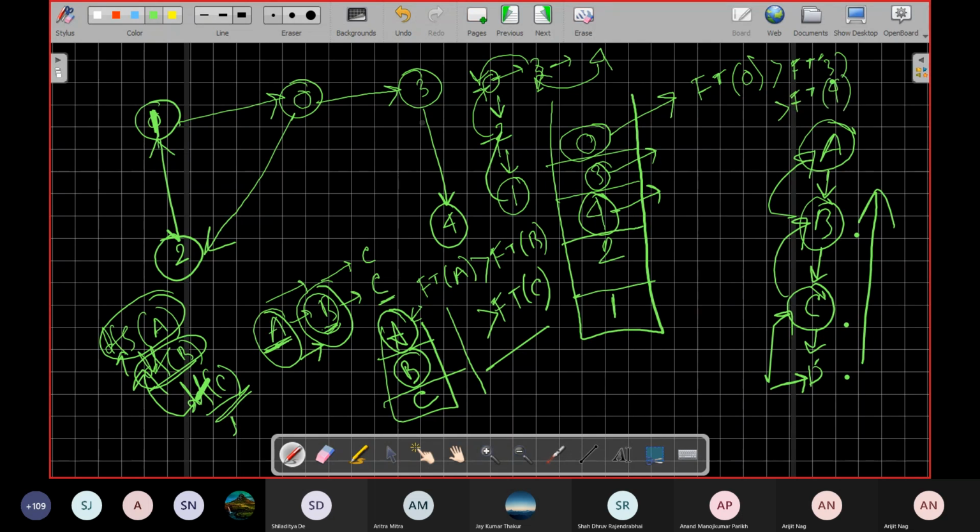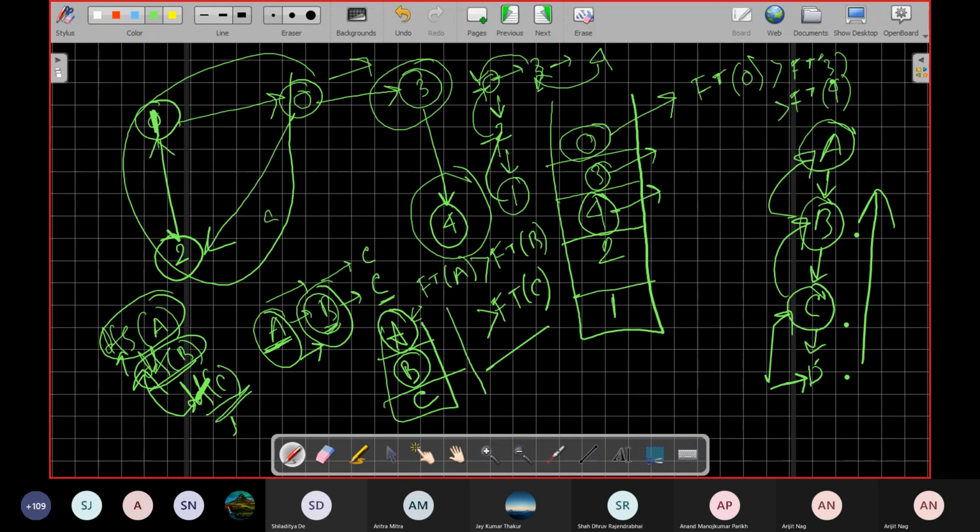And what are 3 and 4? 3 is another component, 4 is another component, and 0 is a member of a component which is connecting to the other connected component.